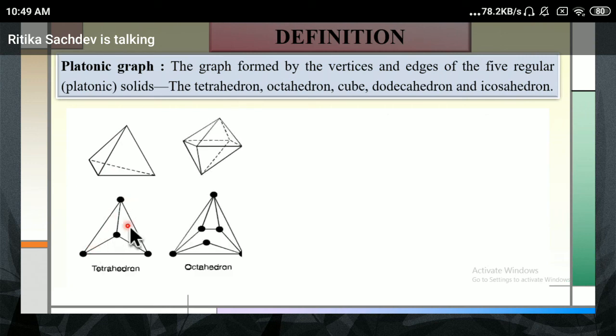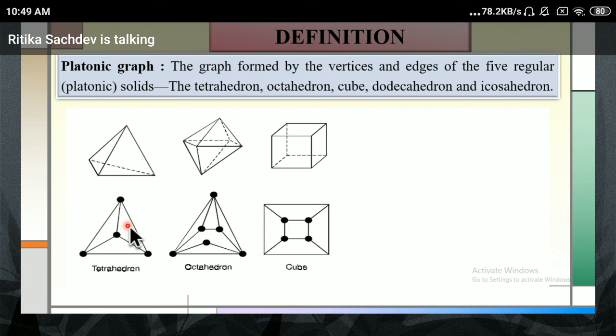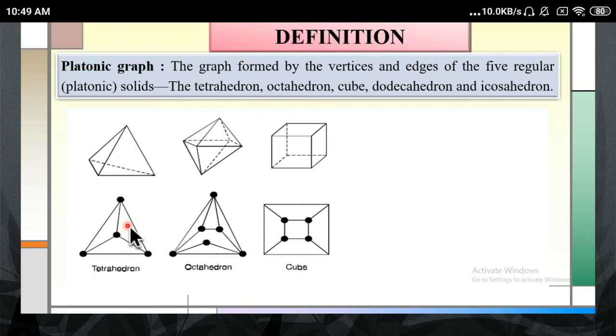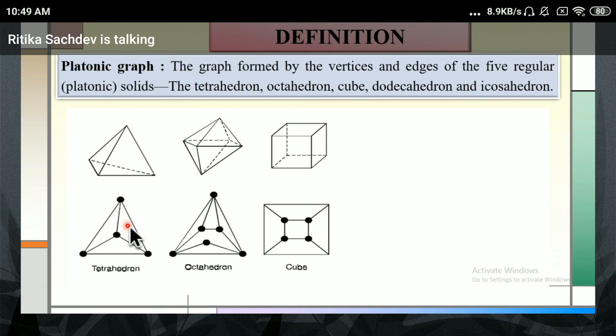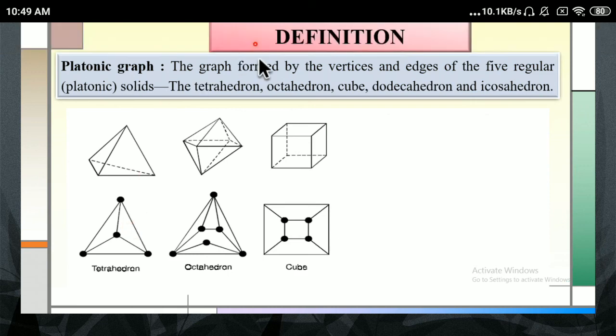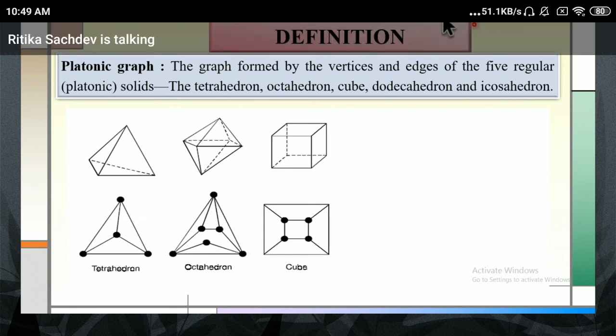Then we have seen octahedron having 8 faces, and cube. How many faces does a cube have? You might have seen a dice.